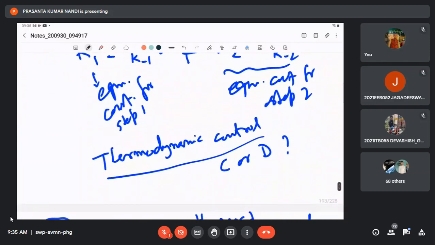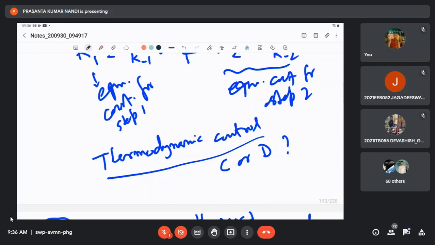So what is a thermodynamically controlled product? Normally, whenever a reaction occurs, if you measure the products which are formed to a greater or larger extent, from that you can get the idea.